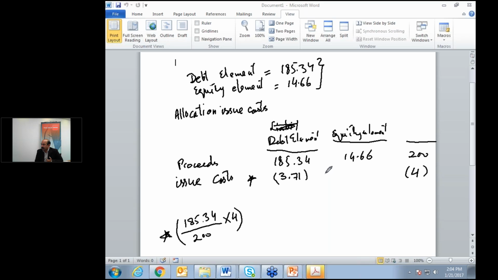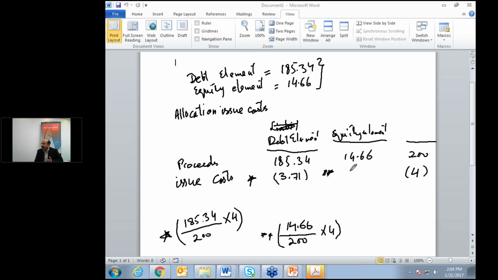And likewise, if I mention here 2 asterisks instead of star, because I cannot draw a good star, so 2 asterisks. Here, the same way, pro rata basis, 14.66 divided by 200 into 4.